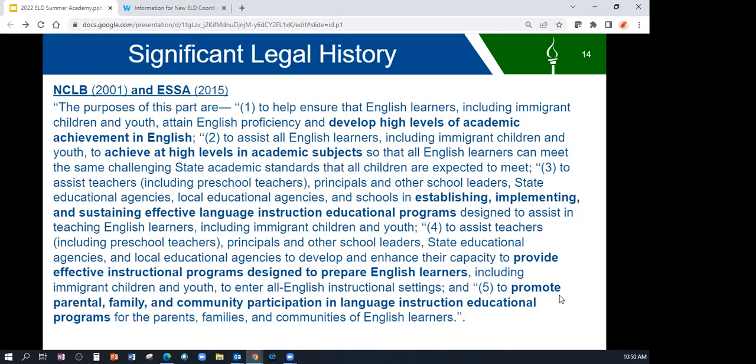And the 5th one, that we promote parent, family, and community participation in our English language development programs. So those are what our current regulations say that we are required to do.